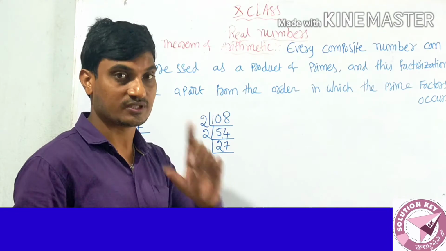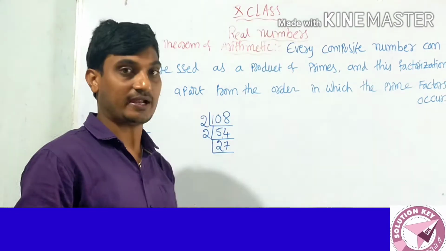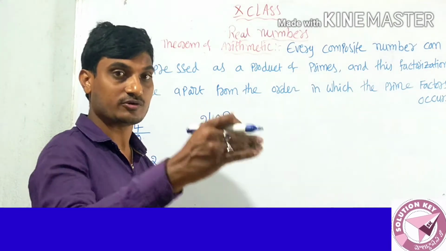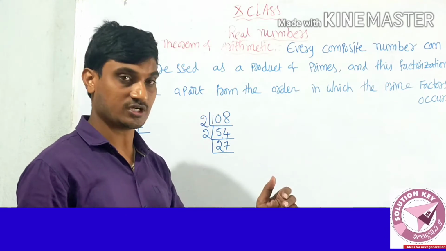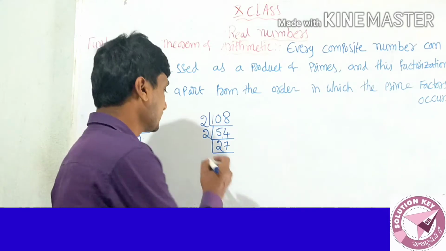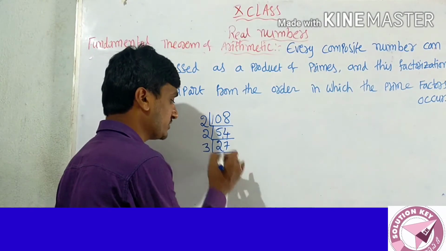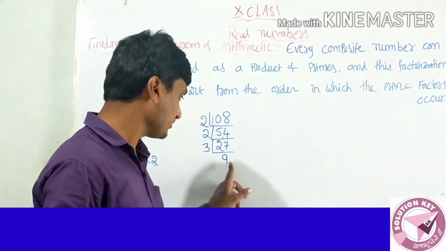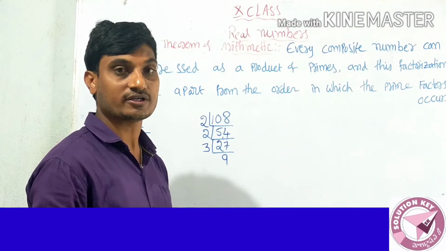9 is in the 3 table. Don't go to the 9 table directly. In order we go. First, the 2 table is not possible. Next you go to the 3 table. 3 9s are 27. Again you get 9. 9 is not in the 2 table.